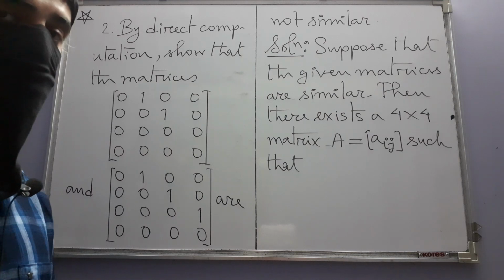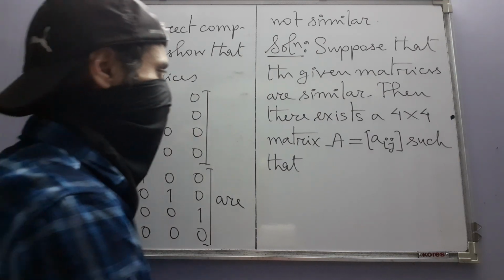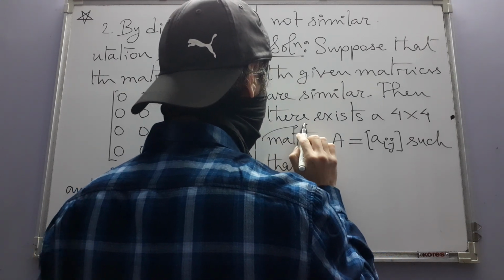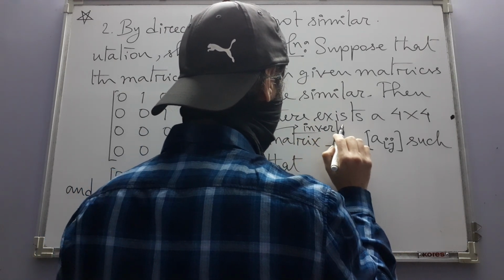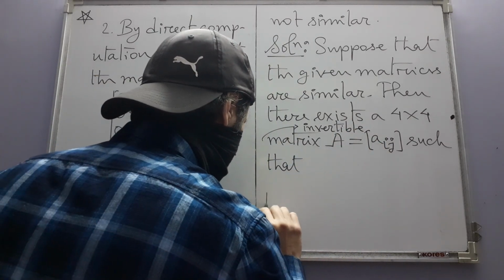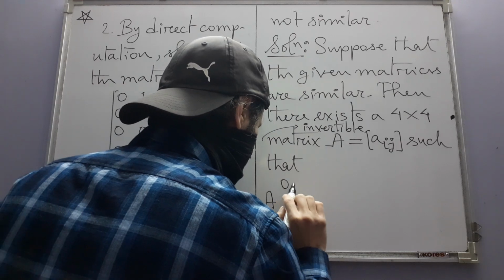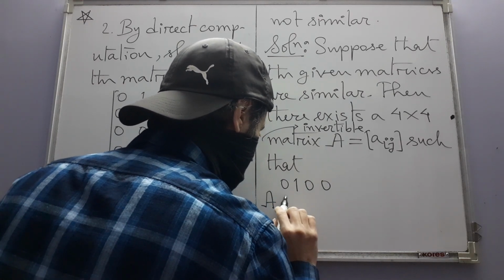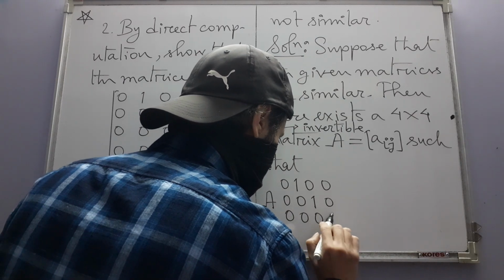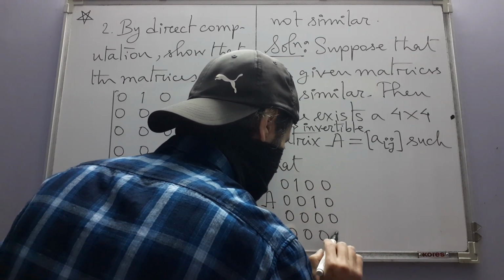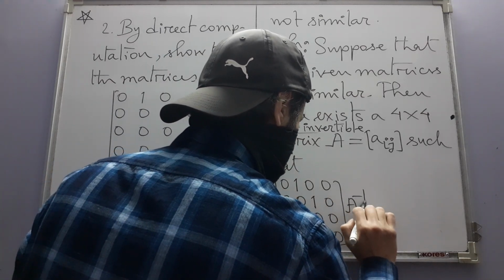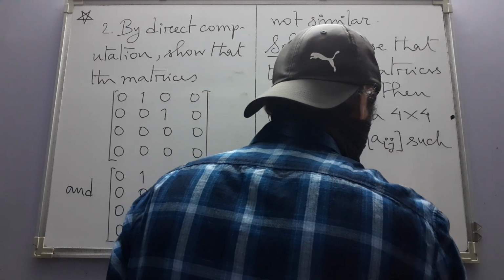I should have actually mentioned that A is invertible. Let me do it here. A 4 by 4 invertible matrix A such that A times the first matrix times A inverse is equal to the other matrix.